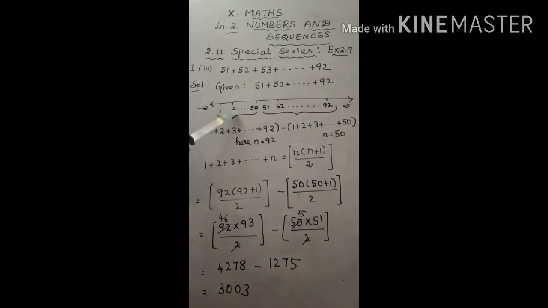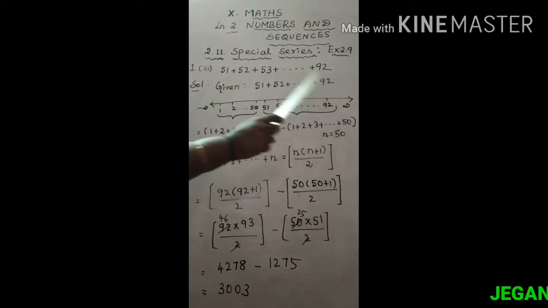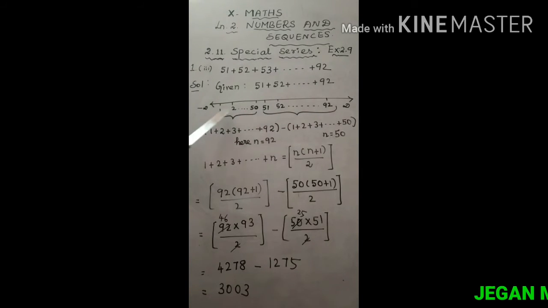So 1, 2 up to 92, we consider the number line. We find the sum of the series 51 up to 92. So we have no need of 1 up to 50, the number before 51. The series increases by 1. So the number before 51 is 50.